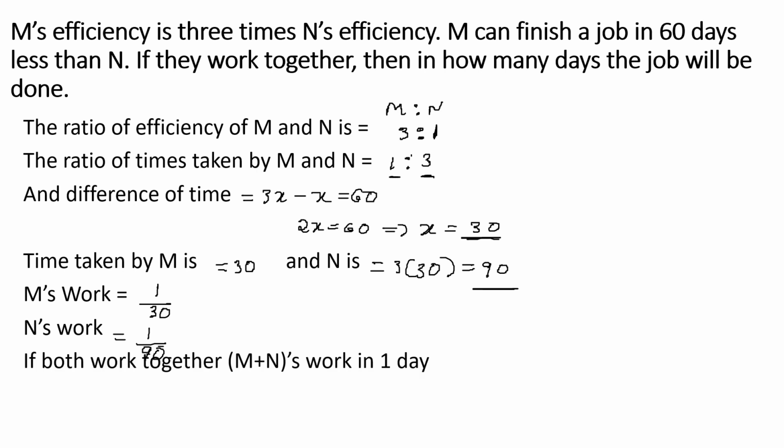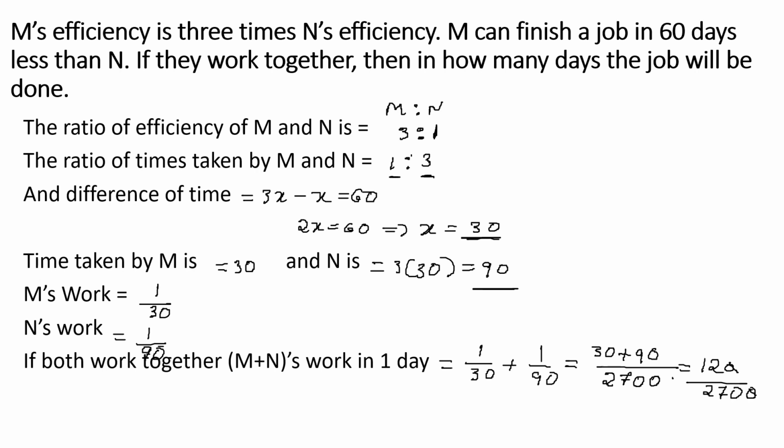So if both of them work together, M plus N's work will be 1 by 30 plus 1 by 90, which is equal to, okay, directly multiply the denominators, 30 into 90, 2700, and here x plus y, that is 30 plus 90, is equal to 120 divided by 2700, or 12 by 270.